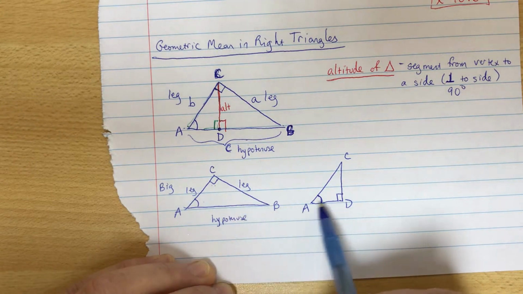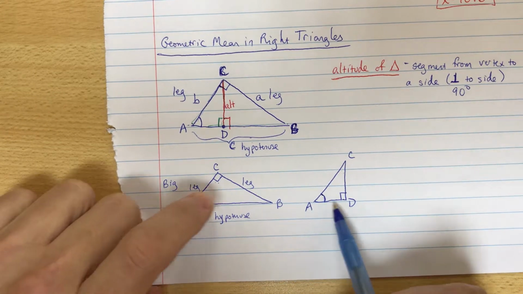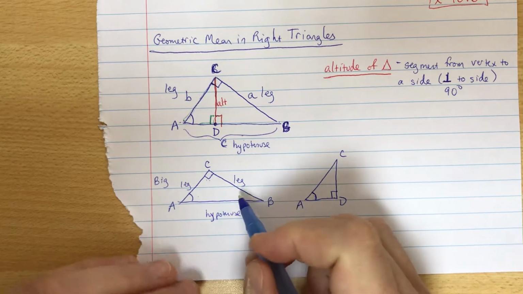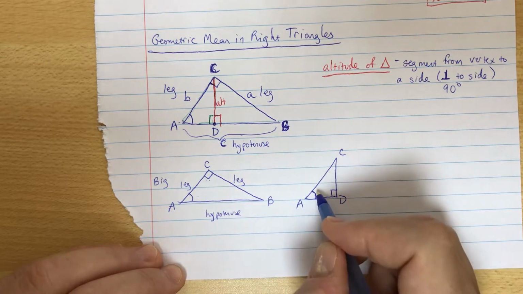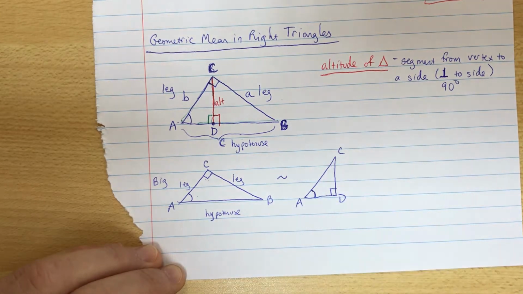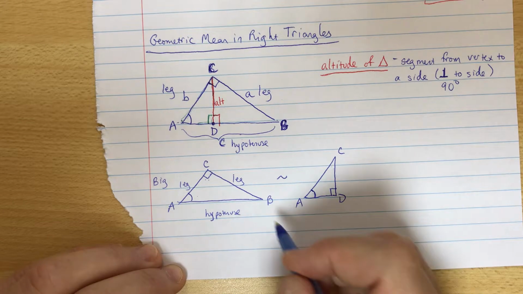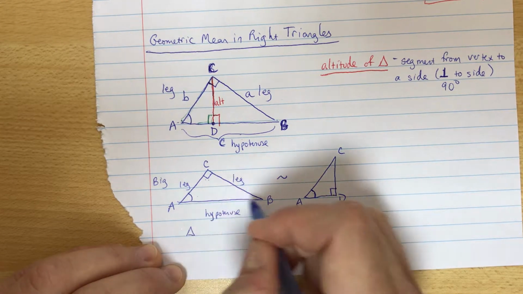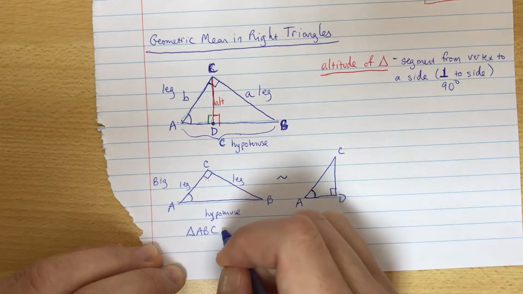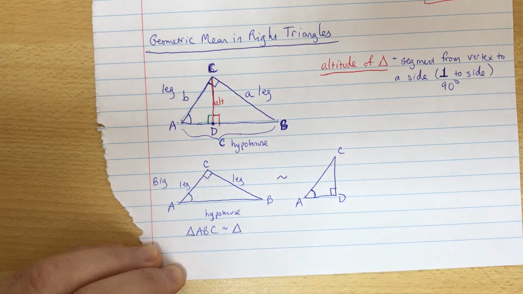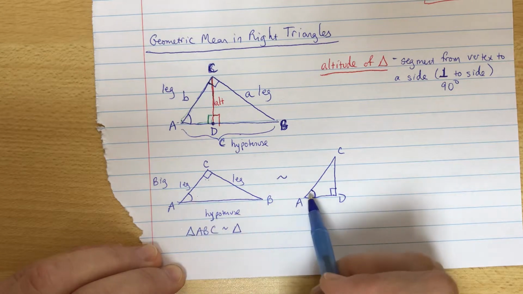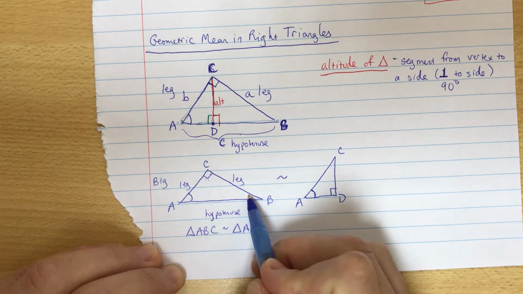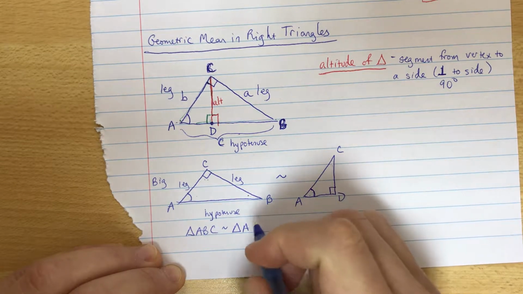But notice that what happens here, we have two pairs of congruent angles. And what that tells us is that the two triangles have to be similar to each other. So we can say that triangle ABC is similar to triangle... Now A matches to A. B has no marks, that matches to C with no marks.